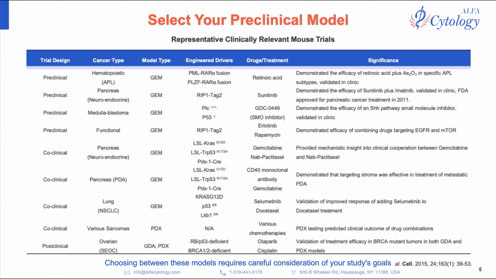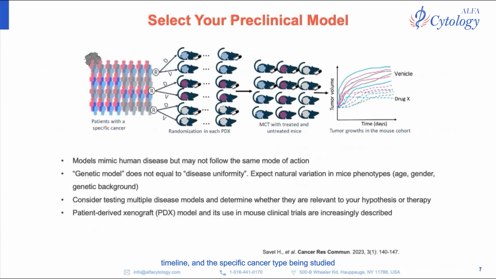Choosing between these models requires careful consideration of your study goals, timelines, and the specific cancer type that is being studied. Another factor to always remember is that while models mimic human disease, they don't always replicate it perfectly. Biological variability is inherent in any model, whether it is due to differences in age, gender, or genetic background.